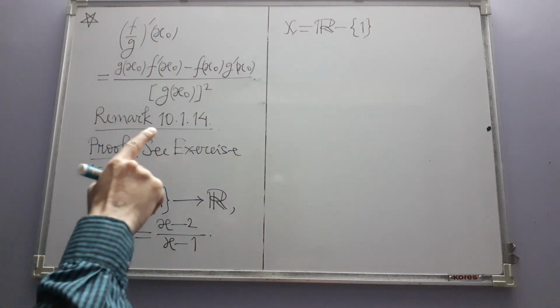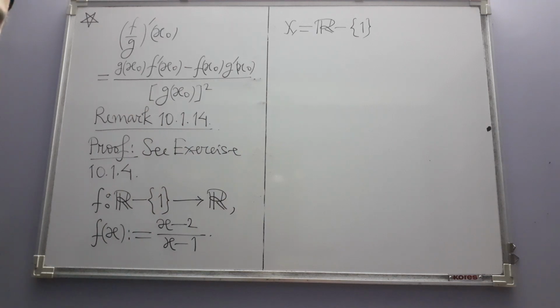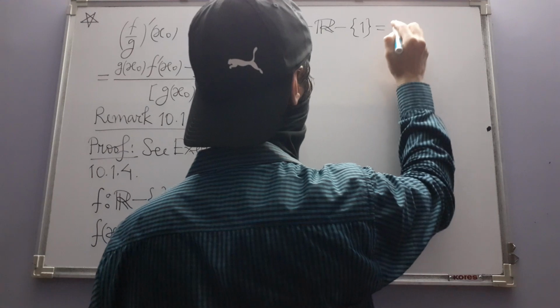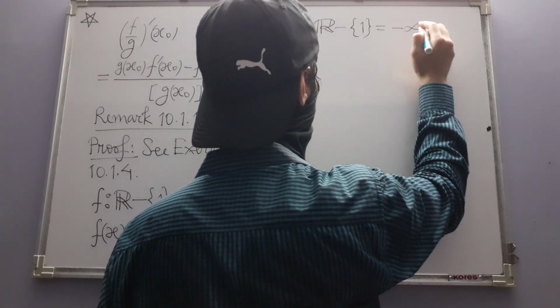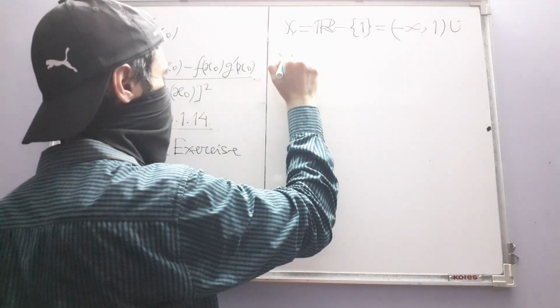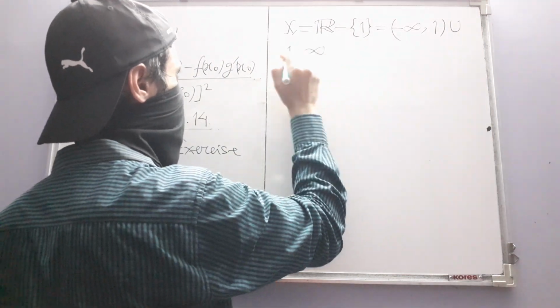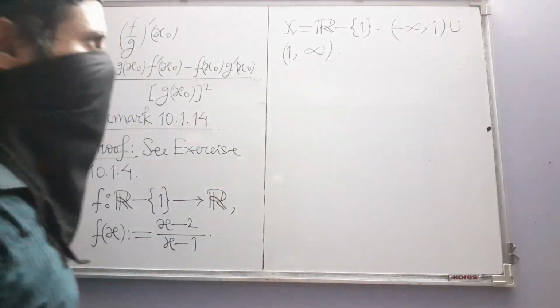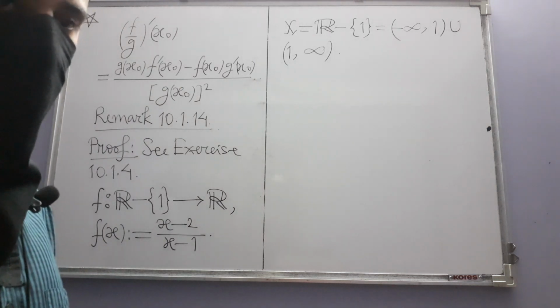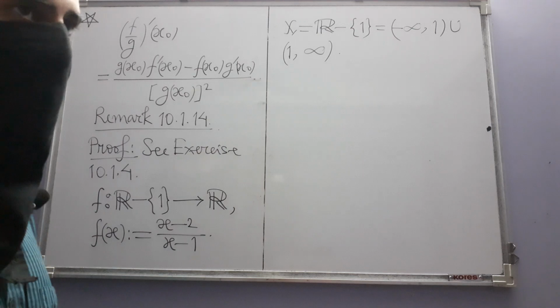If you do not like this way of writing a subset of R, you also have the option of writing this instead. It's the real line from which the single point has been removed, which has created two intervals.